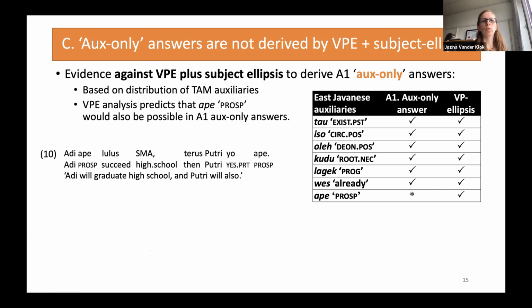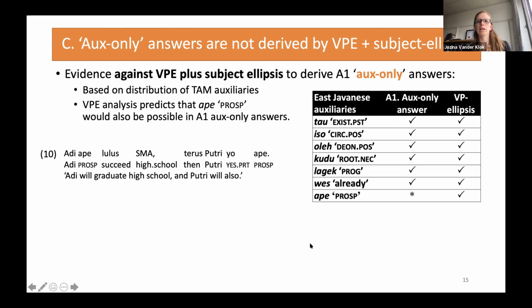Okay, so what about auxiliary only answers, and the possibility that they're derived by VPE and subject ellipsis? So a first piece of evidence is based on the distribution of TAM markers.